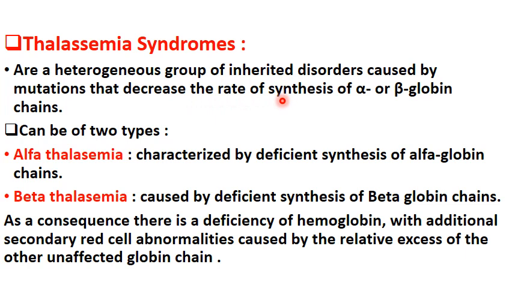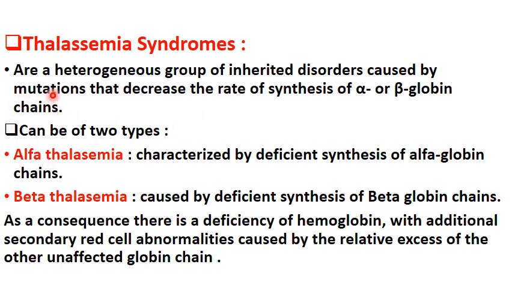When there is a defect in the synthesis of one of these two components, it will lead to development of anemia of certain types. When there is a decrease or defect in the rate of synthesis of alpha globin chain or beta globin chain, thalassemia syndromes develop.